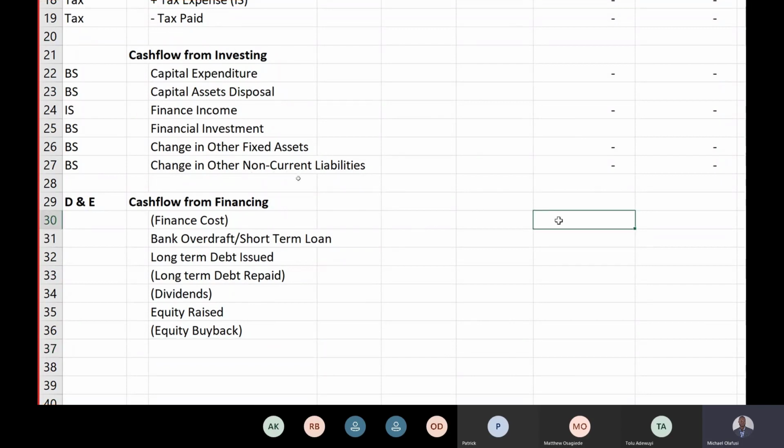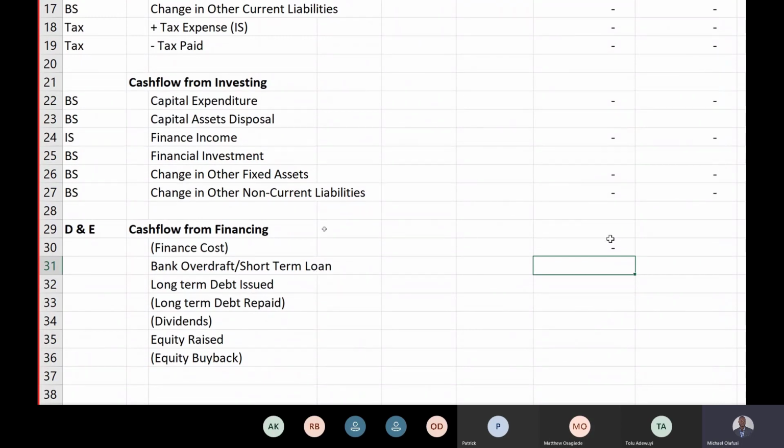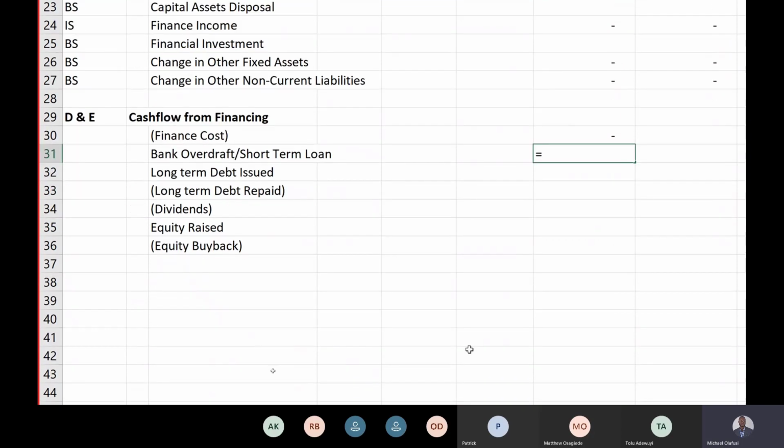So I already have the finance cost somewhere here. I can go and pick it. The only thing is, because here it's coming as a plus, I need to make it a minus so that it comes in the correct cash direction. Then bank overdrafts or short-term loan. Do we have any short-term loan?